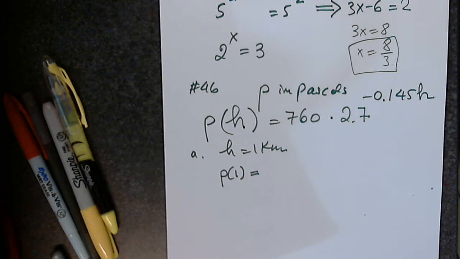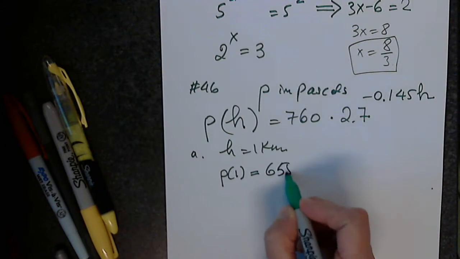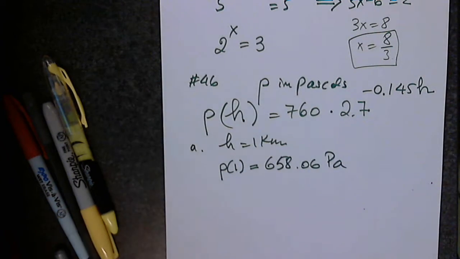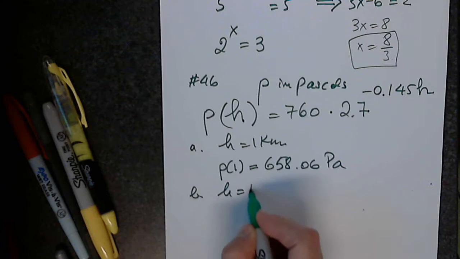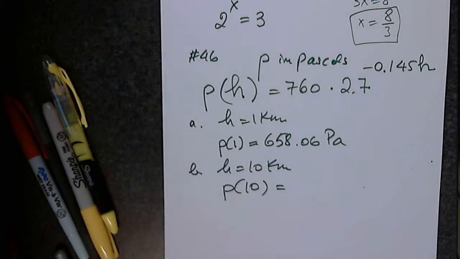And the answer is 658.06 pascals. Part B: find the atmospheric pressure at a height of 10 kilometers. So then I have to find P of 10.